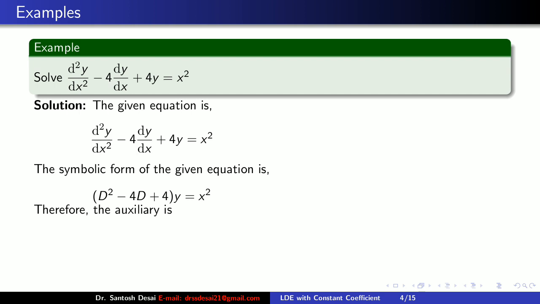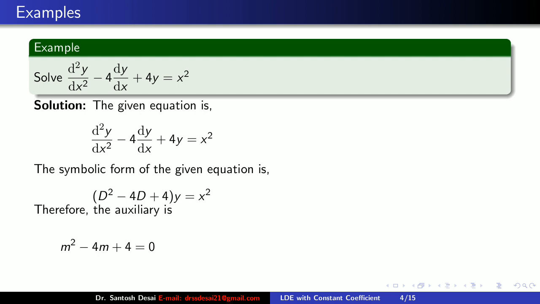Then the auxiliary equation is, here I write the auxiliary equation in terms of m. One can write the auxiliary equation in terms of D also. In terms of m, you just replace D by m. Therefore, we get m square minus 4m plus 4 is equal to 0.